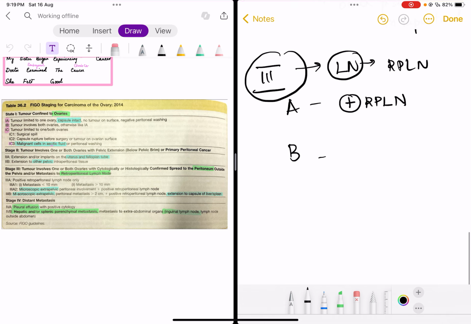In stage A itself we've got 1 and 2, A1 and A2. A1 is just positive retroperitoneal lymph node, with metastasis less than 10 mm or more than 10 mm. Next, stage A2 would be microscopic extraperitoneal involvement along with positive retroperitoneal lymph node. Here it is microscopic.